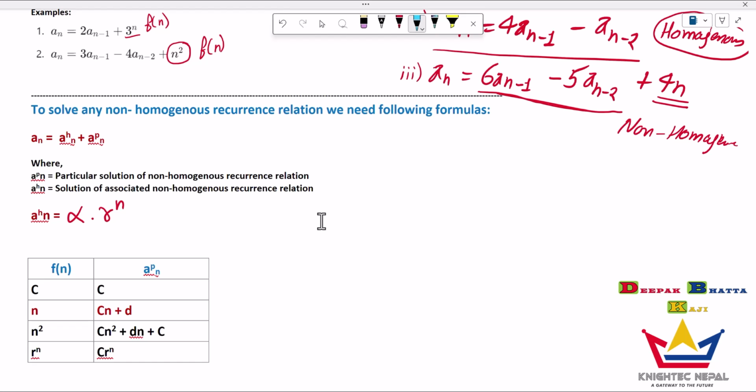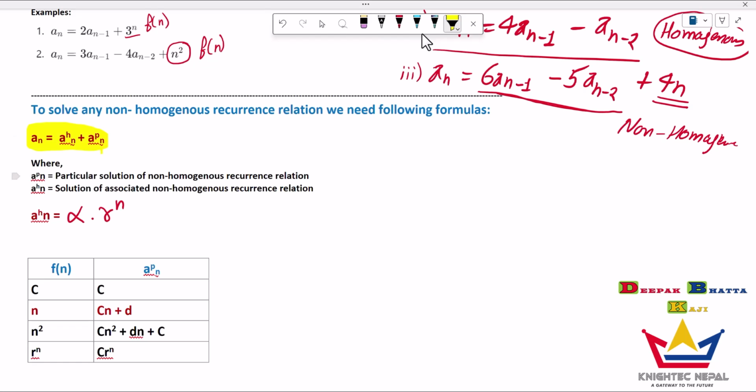First thing first, we need to find this formula: a_n = a_n^h + a_n^p. This is the formula for non-homogeneous recurrence relation.